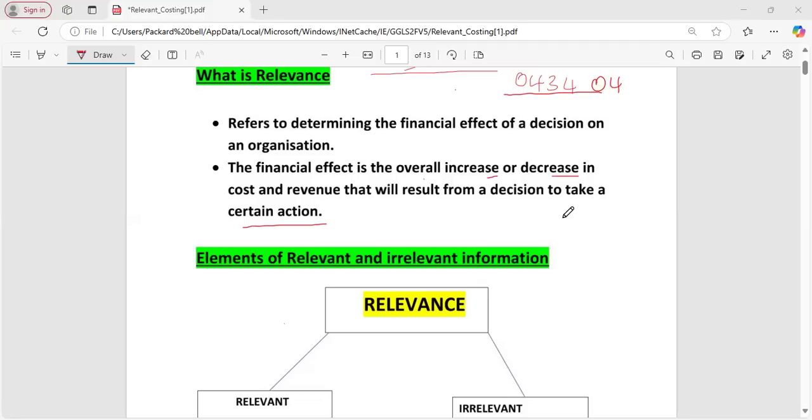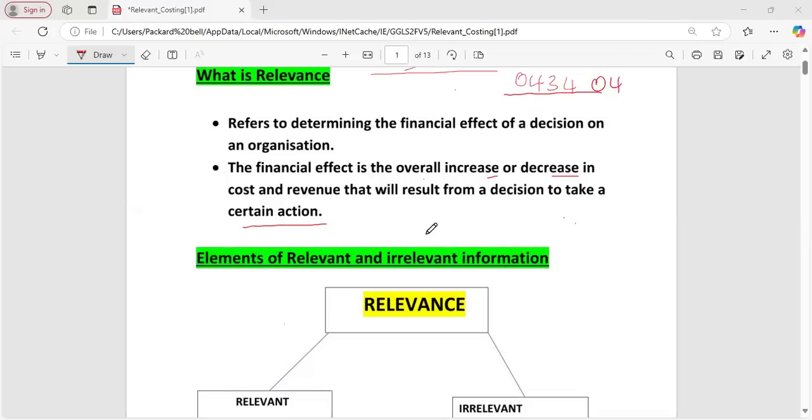So that one is not going to be a relevant cost. Relevant costs are incremental costs that will result from a decision being taken. That's basically what we look at when we look at relevant costs.